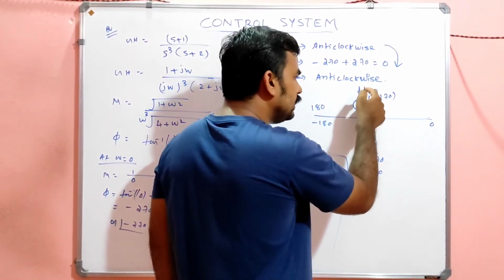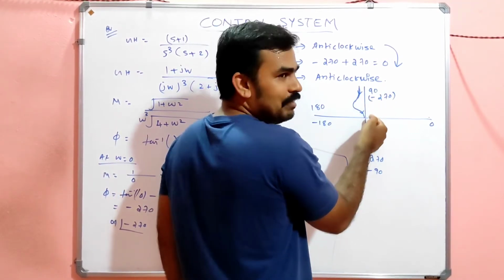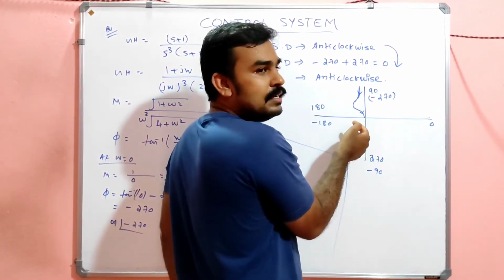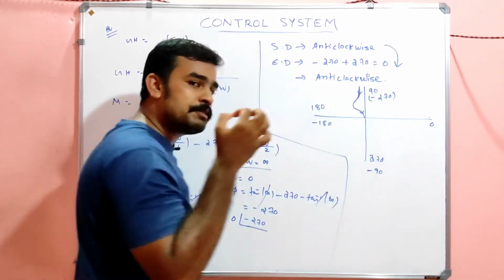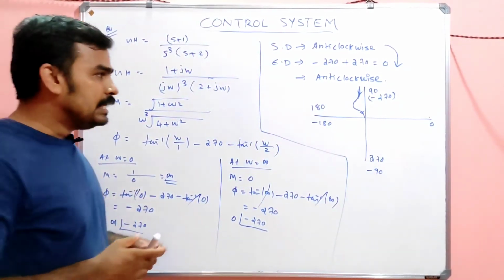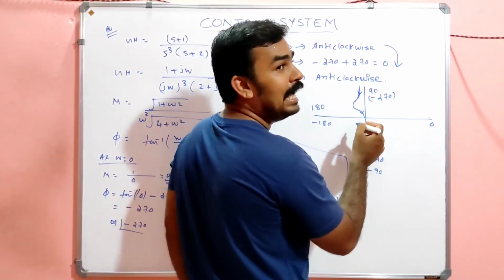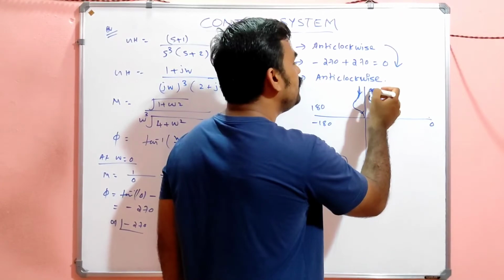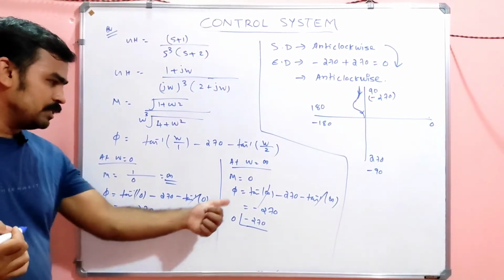That also starts at minus 270 and ends at minus 270, right? But if you draw it like that, it will form a clockwise path. Our need is an anti-clockwise path.